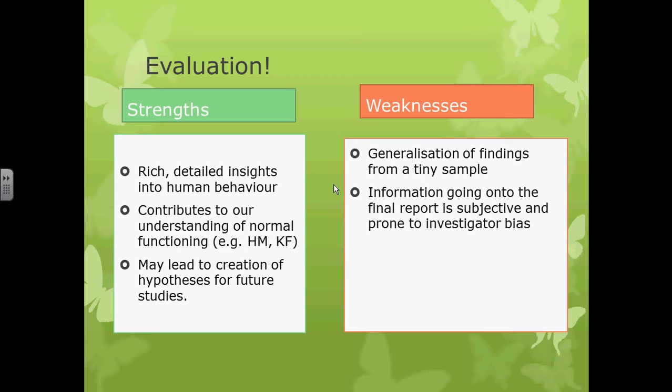They can miss those out of the report completely, and that might not be a malicious thing. It might well be, oh, I'm going to just subconsciously forget about that because I'm not interested in it because it didn't fit what I'm looking for. So it is really prone to investigator bias, that sense of I'm going to choose what goes in here.